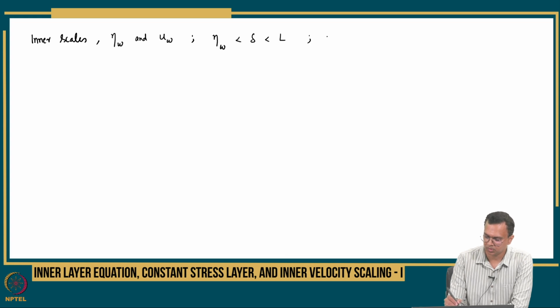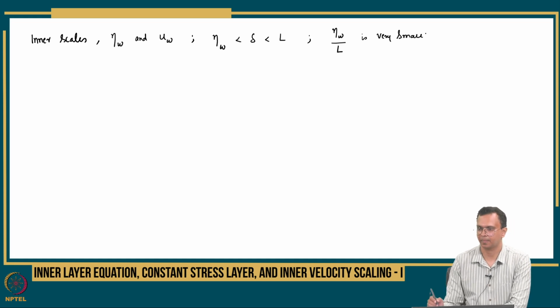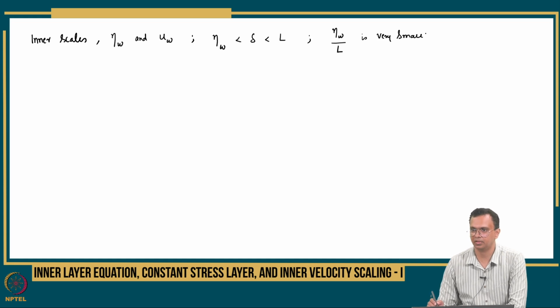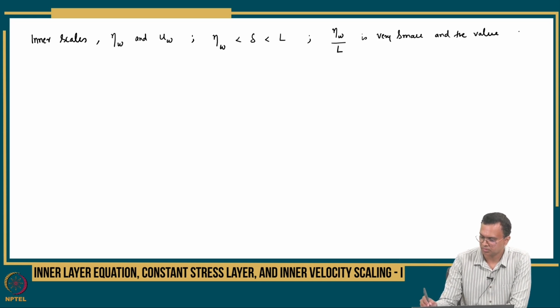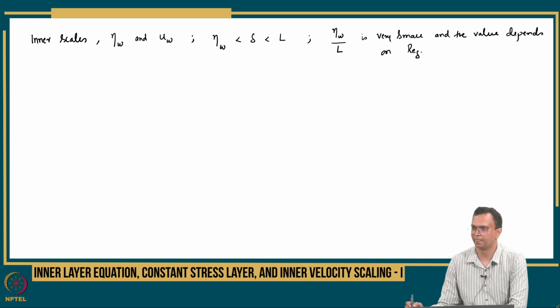And therefore the ratio of eta w by L is very small, okay, and this value depends on the Reynolds number, okay? So this eta w by L value is very small and the value depends on your Re delta, okay?